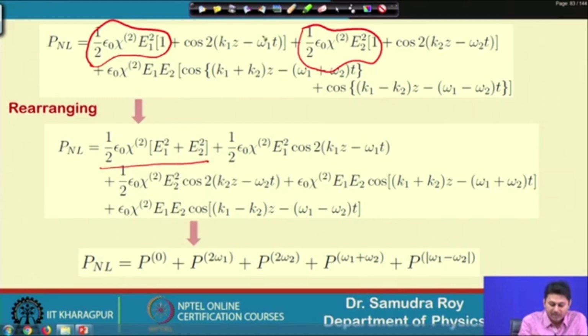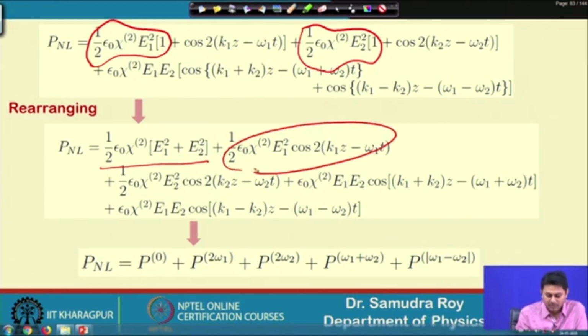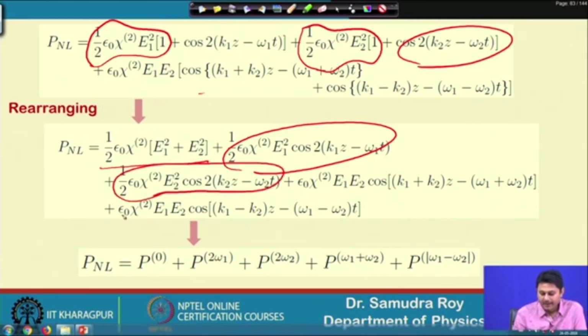I am taking the other term, this term and another term, and it will give this term, and also the two terms like this and this. One is omega 1 plus omega 2 and one is omega 1 minus omega 2.